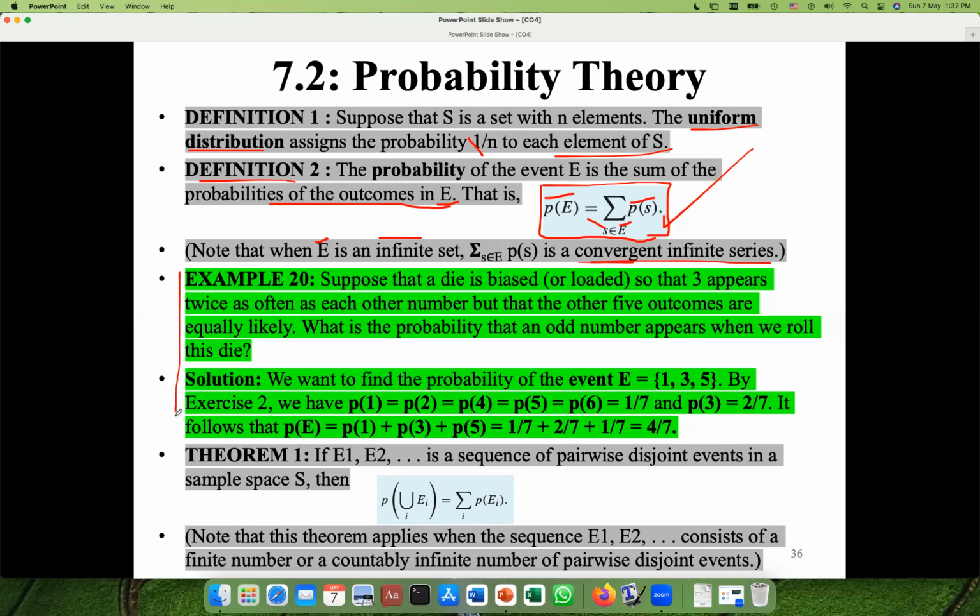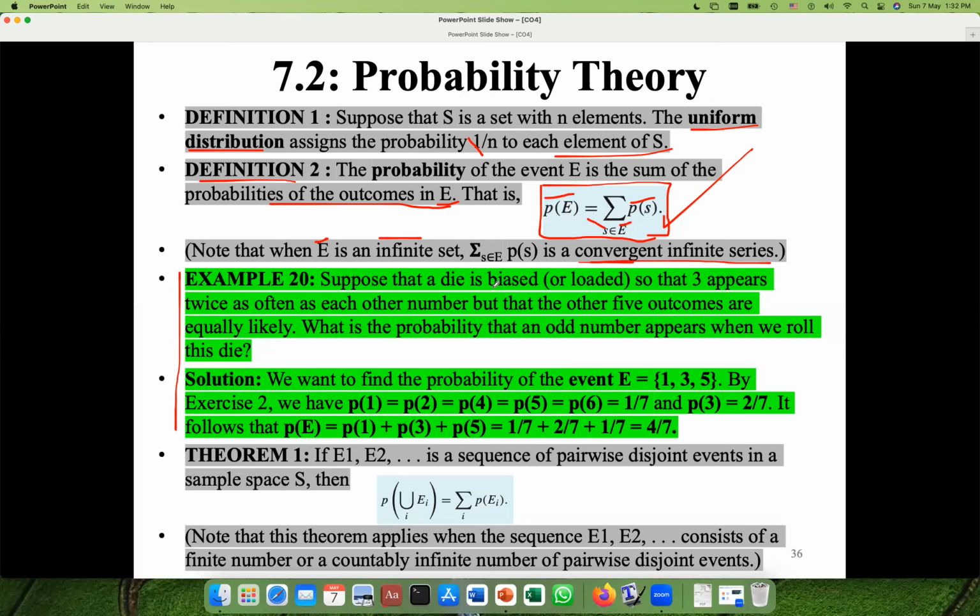Now see this example. Suppose that a die is biased or loaded. Die again, that dice, I don't know what the Arabic word is. Nard. Okay, so nard, for Ludo.